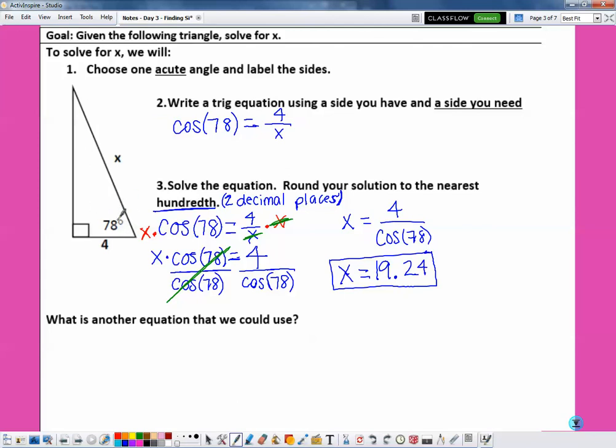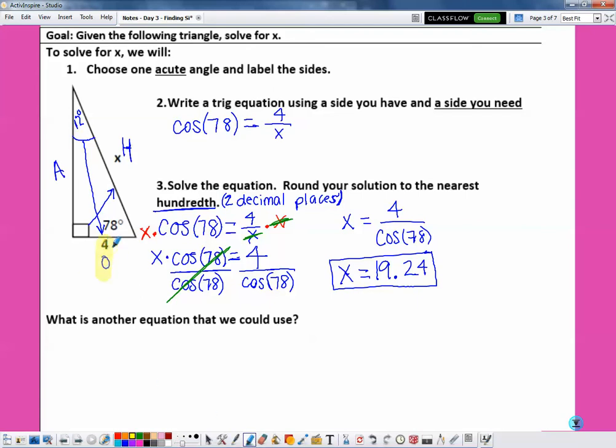So since this one's 78, that leaves 12 degrees to be this small angle up here. And we could have used that and said from this angle here over, this would be the opposite side. This would be the hypotenuse. And this would be the adjacent side.